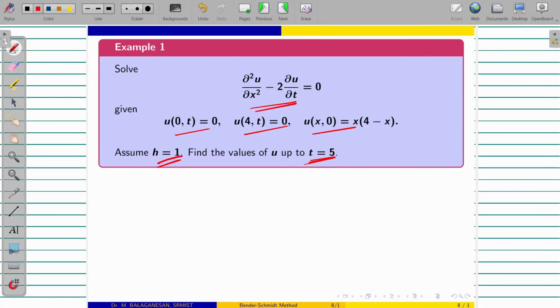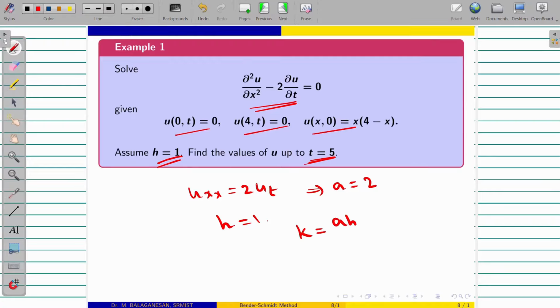Clear? Right. Now, what are the things we have to choose here? From the given question, I asked to write like that: u_xx = 2 u_t. Just write it first like that, then only you can choose the value a equal to 2. And what they have given, h is equal to 1. Using this, we have to find the value of k.